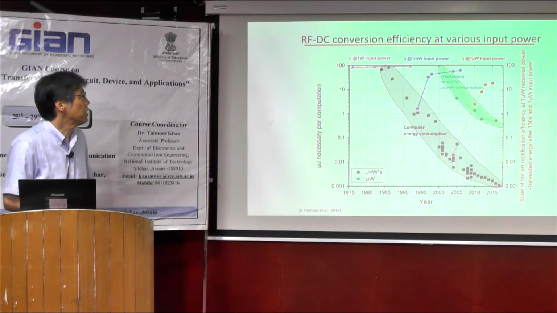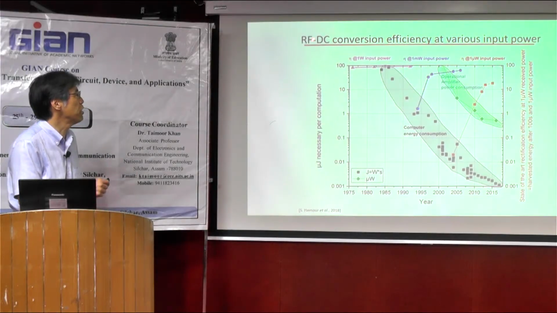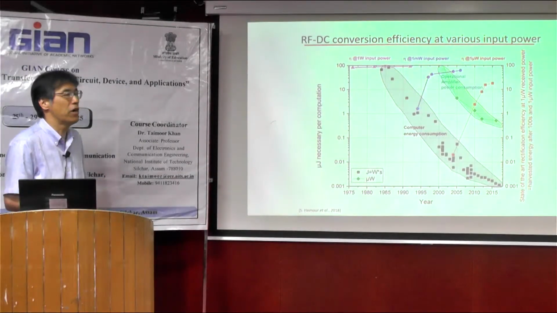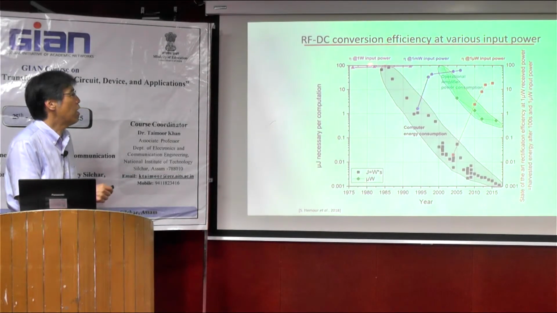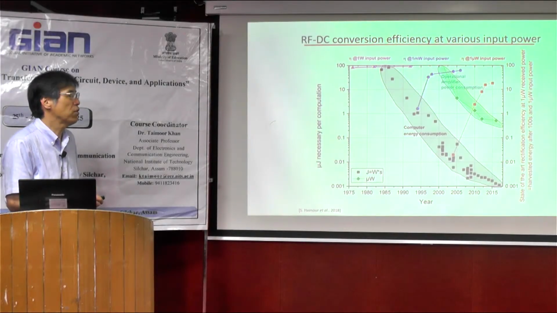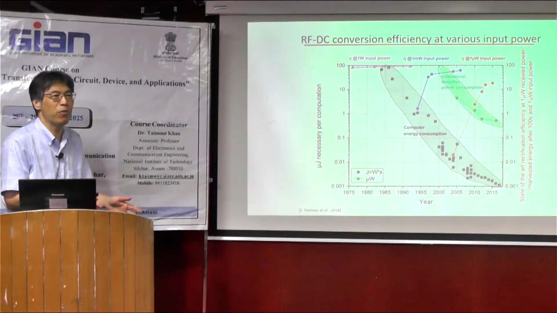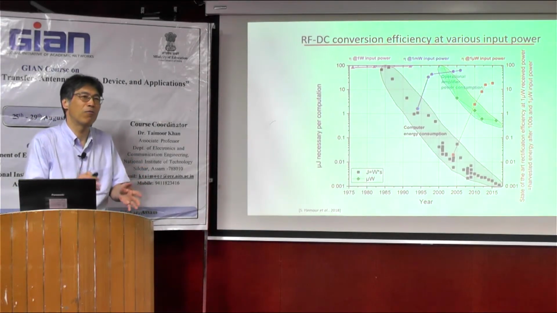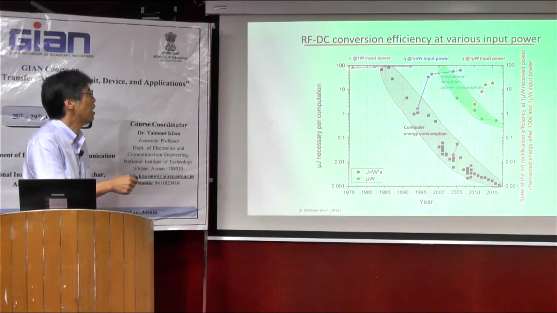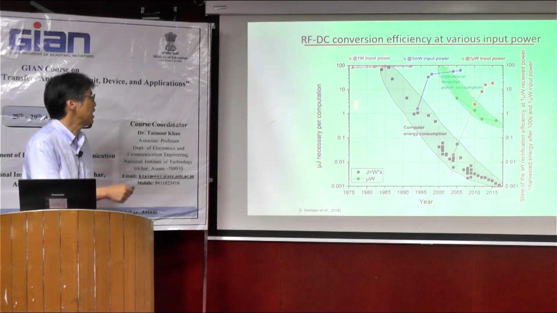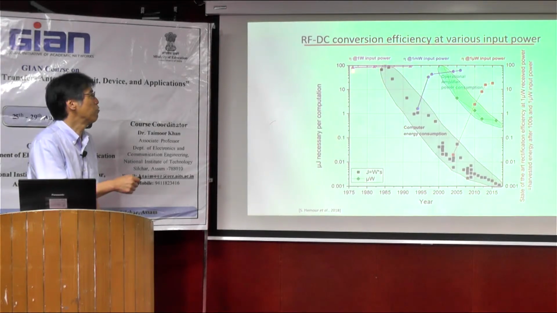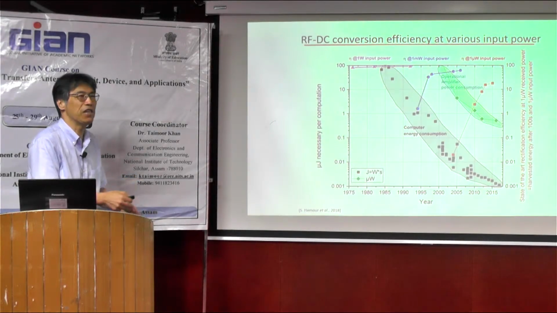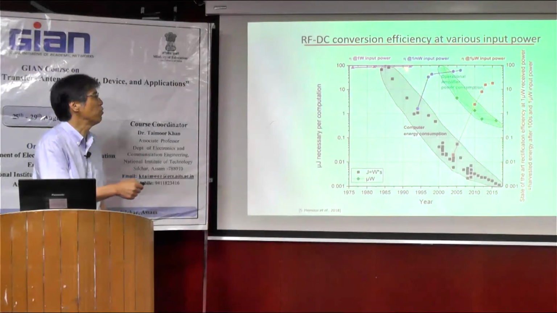And this is a historical review of the RF-DC conversion efficiency at various input power. Over 1 watt, in the first lecture today, I mentioned that the optimum input power for the usual rectifier is 1 watt or 100 milliwatt. So around 1 watt input power, in William Brown's days, we had already reached over 80%, 90% at 2.45 gigahertz.